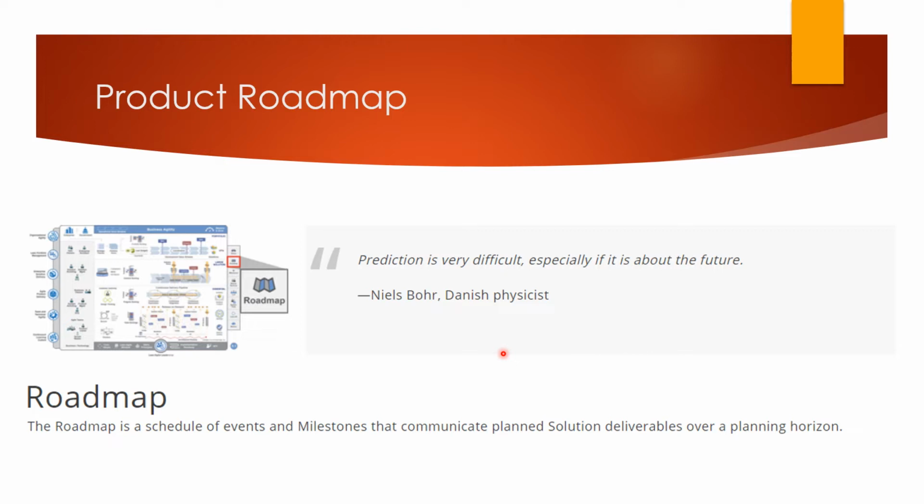You need certain milestones and a sequence of milestones or events, whatever you call them. You need to have them, and you need to have a communication platform. That platform is your product roadmap.